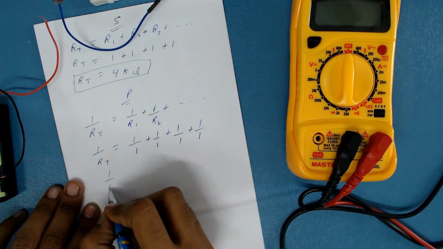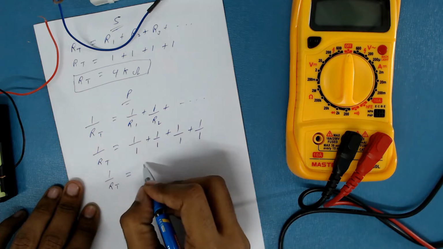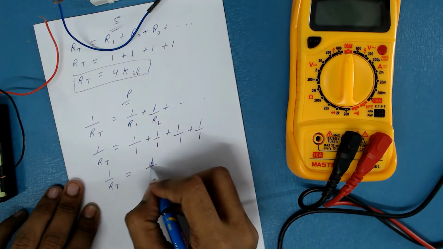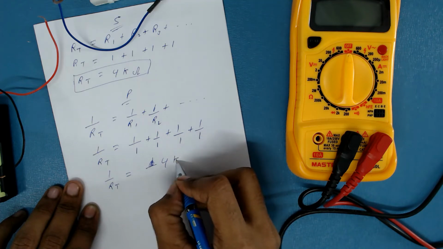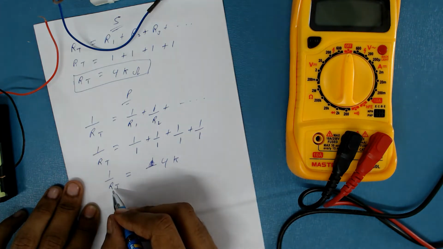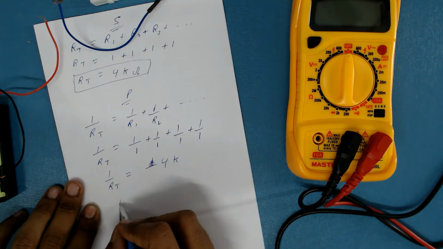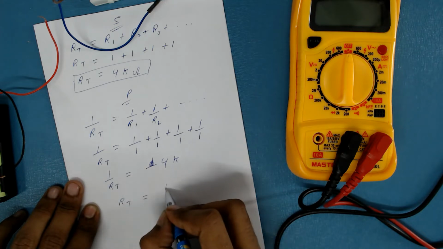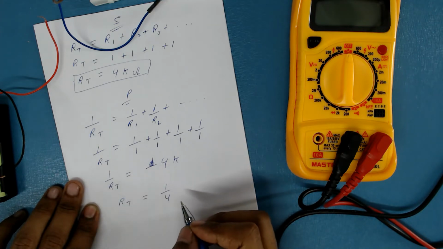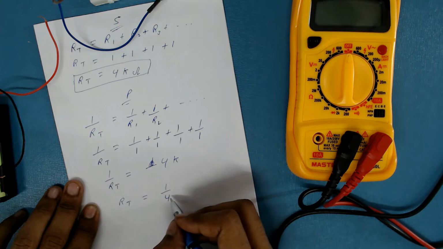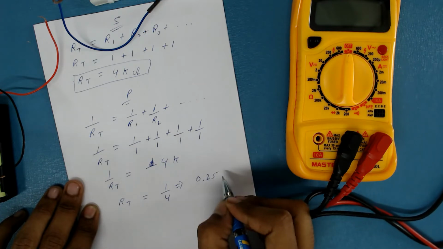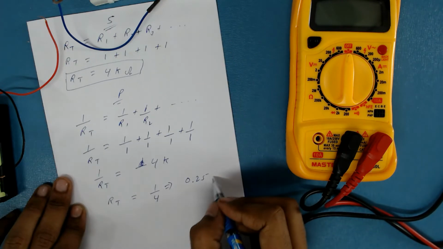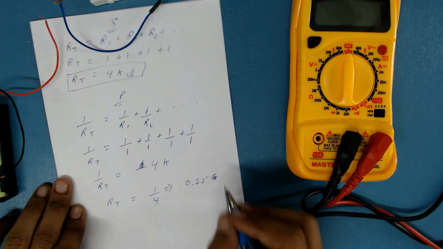So 1 upon RT equals 4 per kilo ohm. Now RT will be 1 by 4 k, which is 0.25 kilo ohm.